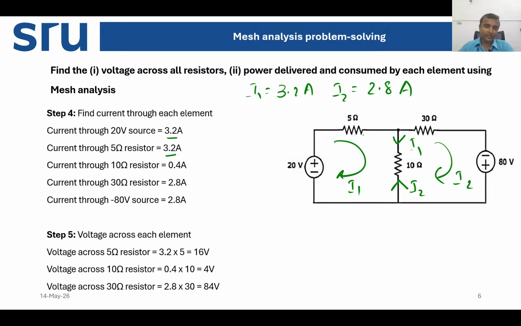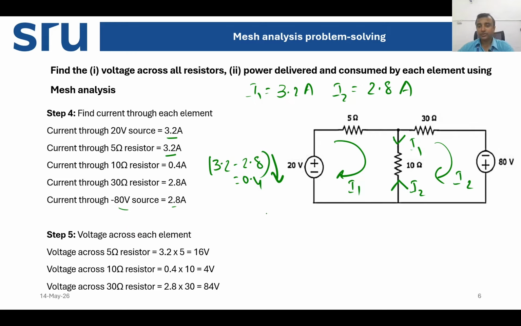So the influence of I1 is bigger, and the current through the resistance is 3.2 minus 2.8 equal to 0.4. It is coming downward. Now the current through the 30 ohm resistance is 2.8, and the current through the 80 volt source is 2.8. So this is all we know.